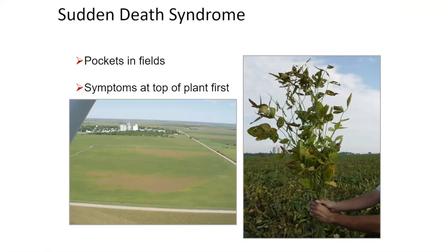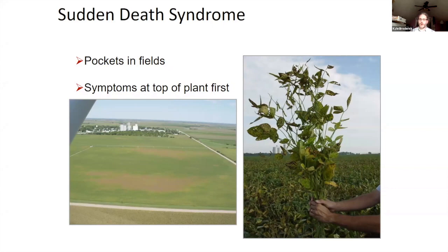The picture that we have here on the left, a majority of those pockets were completely green 2 weeks before this picture was taken. So really over the course of a week or two, we can have really severe and sudden death of soybeans.